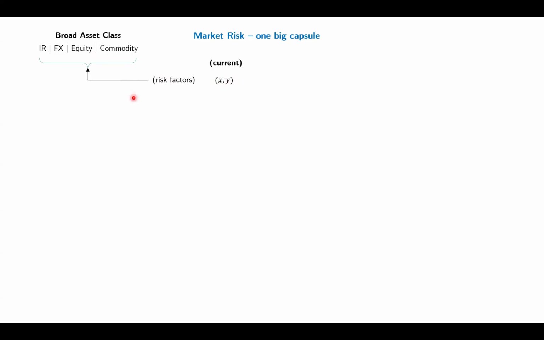Okay. So, for example, if you're talking about interest rate as an asset class, what kind of risk factors would fall under interest rate? Can you name just a couple, maybe? Just tell me names of risk factors that fall under interest rate. Okay, Lakshya says bond. See, bond is an instrument, it is not a risk factor.